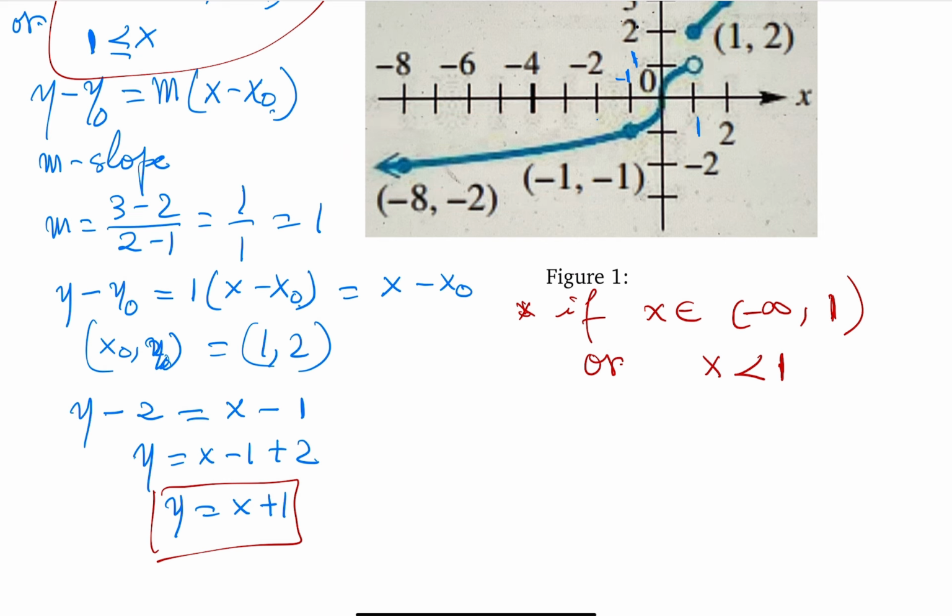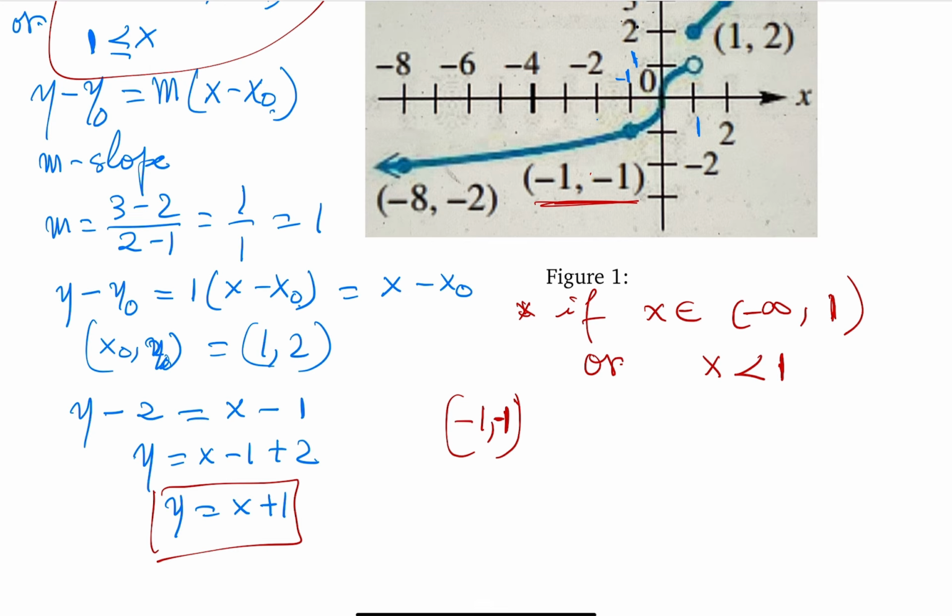If you look at the graph carefully, you have to choose some points here. It's easy to see. You can choose some points, for example the point (-1, -1).